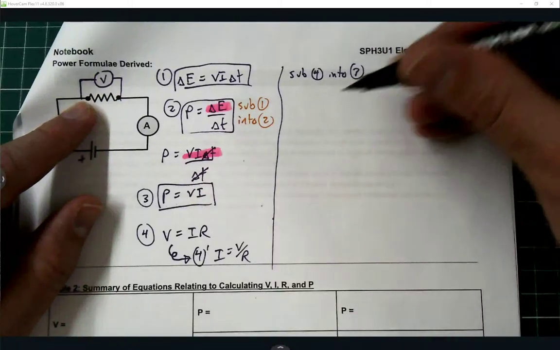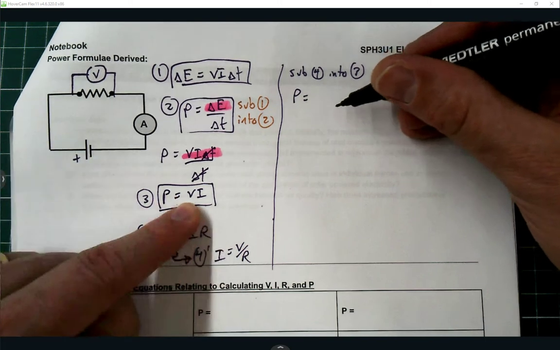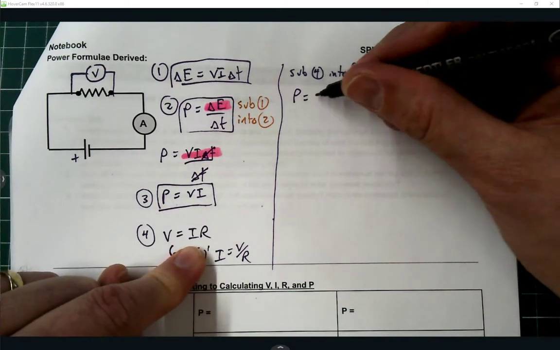If I sub equation 4 into equation 3, then I end up getting P is equal to, now instead of V, I'm going to write IR.